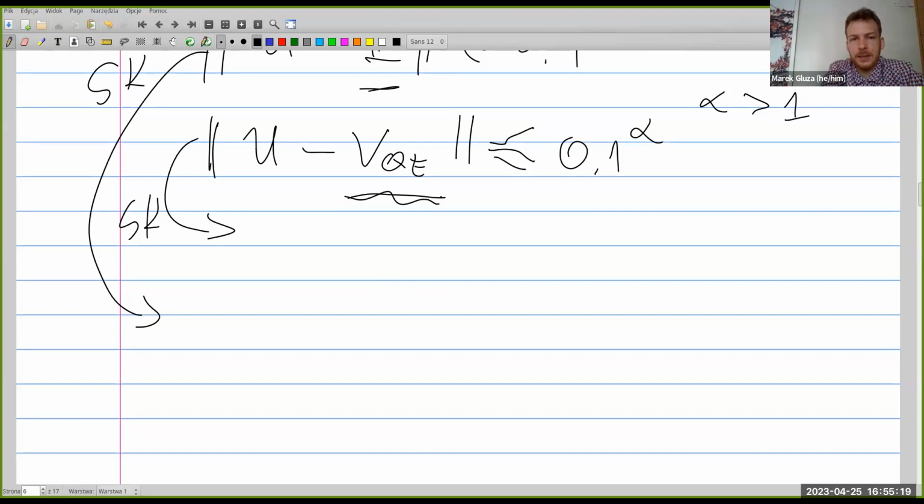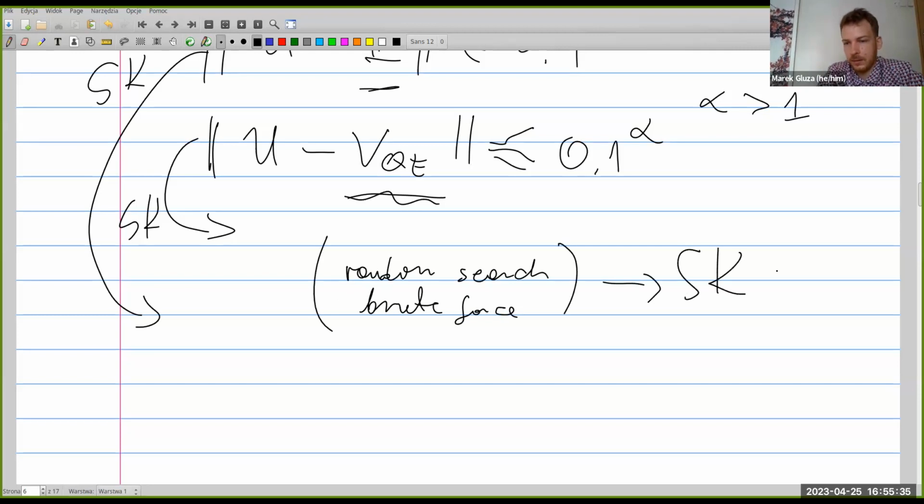So for example, this would be just a random search, which is a short brute force search, okay? And then, for example, run Solovay-Kitaev algorithmically.